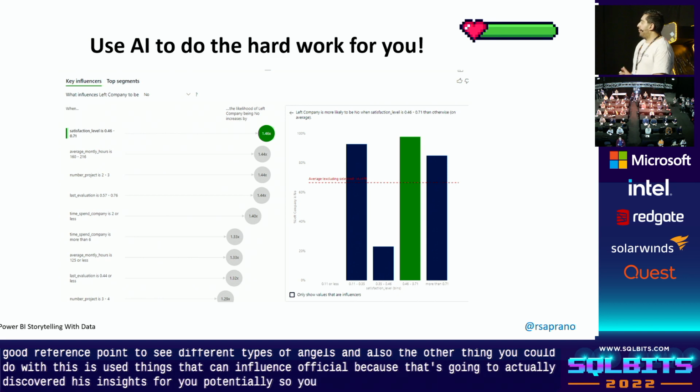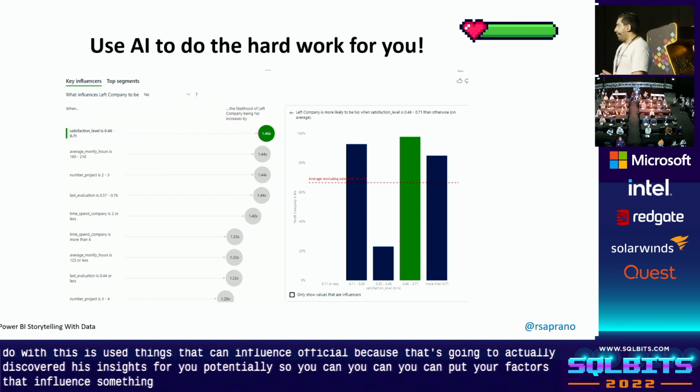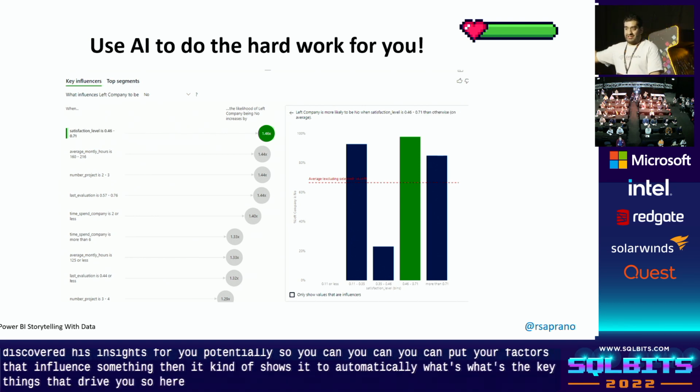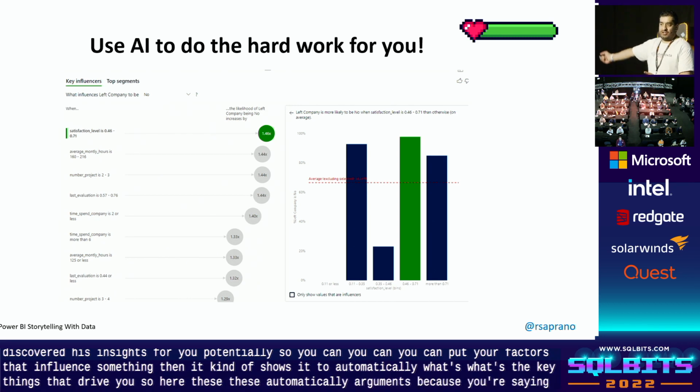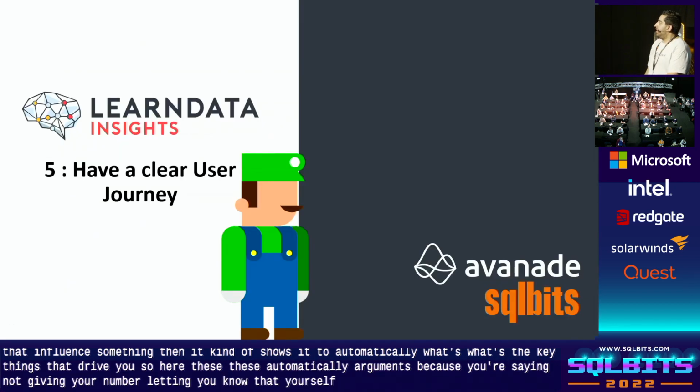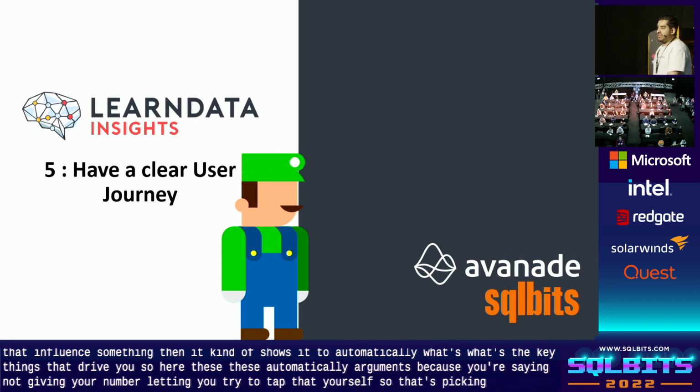So you can put your factors that influence something, and then it kind of shows it to you automatically. What's the key things that's driving you? So here, these are automatically arguments, right? Because you're saying these are what are contributing to your numbers. It's not just giving you a number and letting you try to interpret that yourself. So that's picking your arguments.